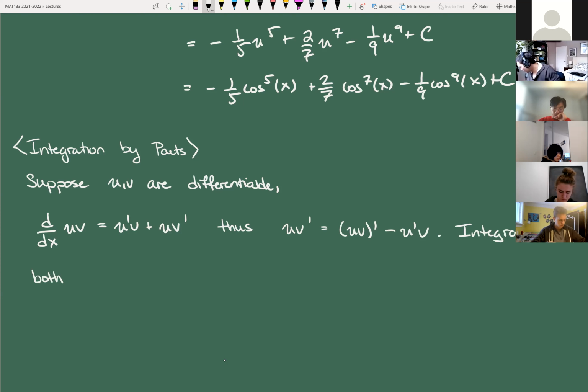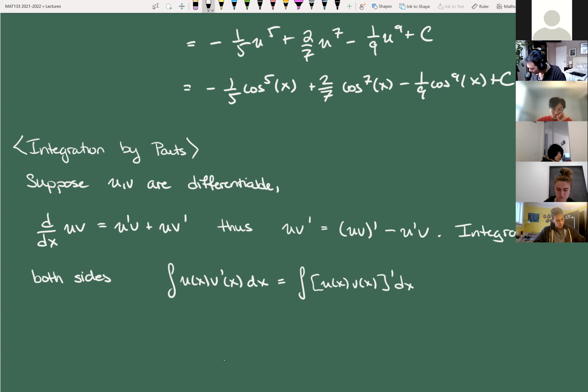Oh, I unplugged my Surface, there we go. Then I'm going to get, and now I am going to write in the x's, the integral of u of x, v prime of x, dx is equal to u of x, v of x, all differentiated. But we know that's basically just going to be uv, right?